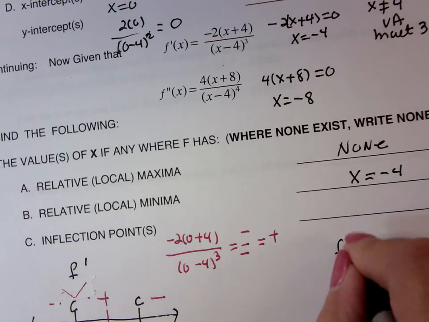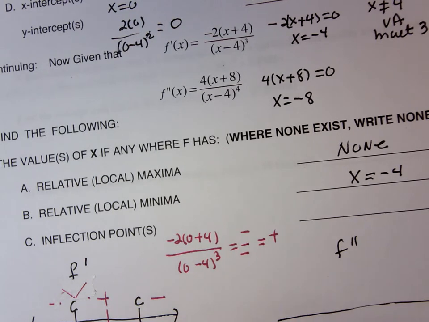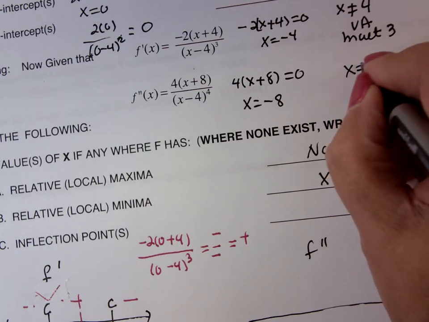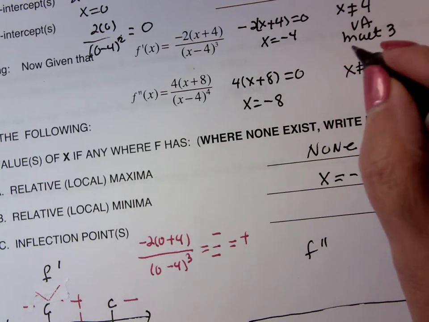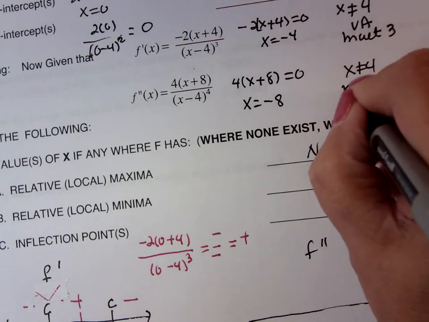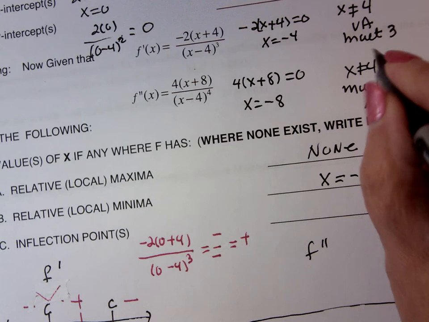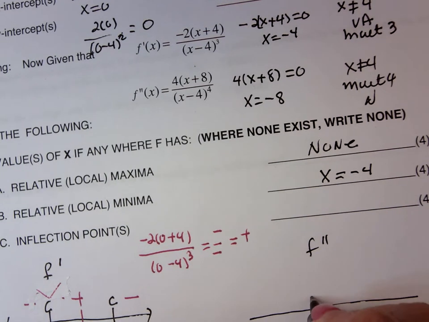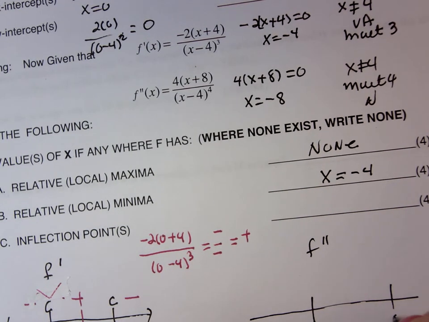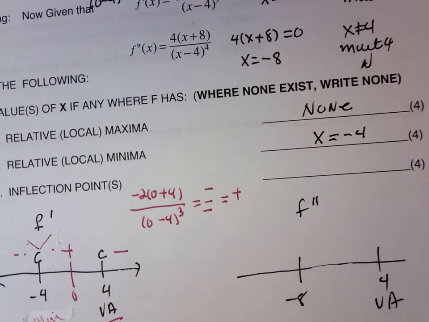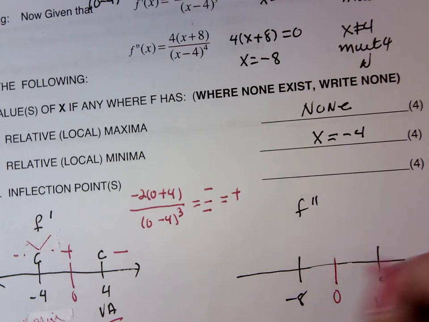And if I look at f double prime, I already know it's an inflection point because of the negative 8. X can't be 4, and it's going to be multiplicity 4. So there's no change. So that says I have negative 8, I have 4, which is a VA. So pull 0.